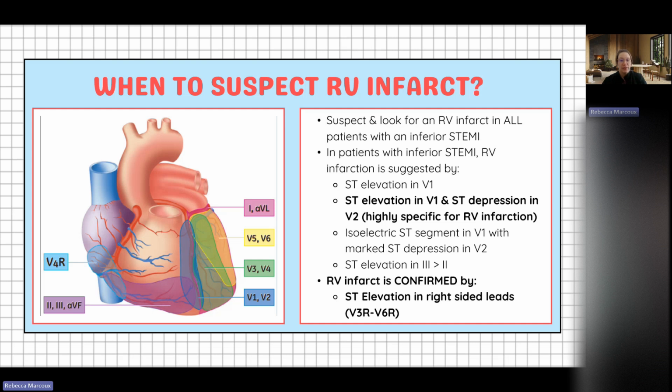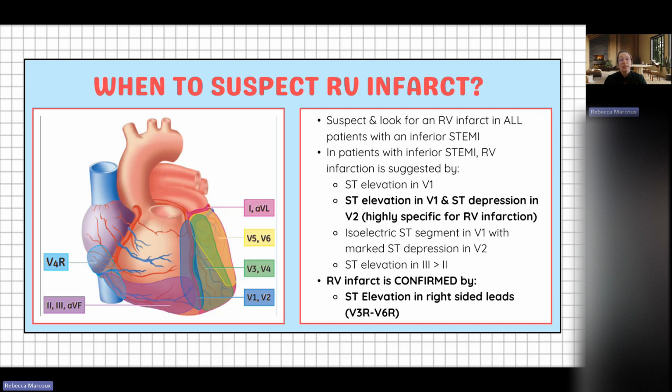This one is apparently very highly specific for RV infarction. If you see ST elevation in V1 but ST depression in V2, along with your inferior STEMI, that is very highly specific for RV involvement. You can also see ST depression in V2 with an isoelectric segment in V1.